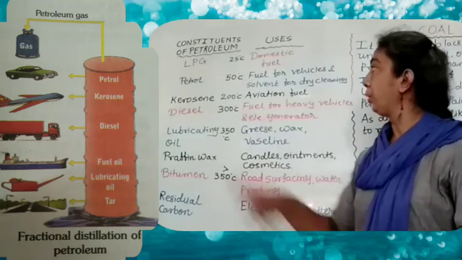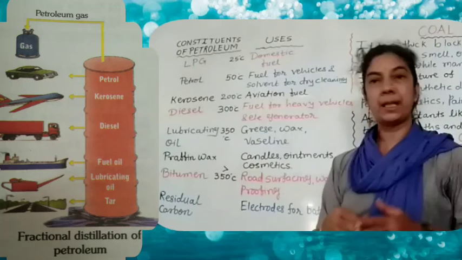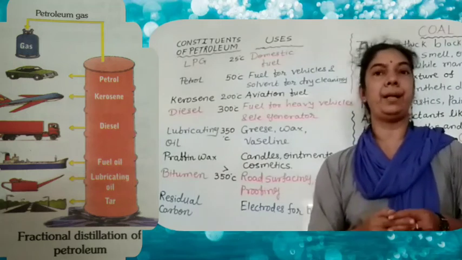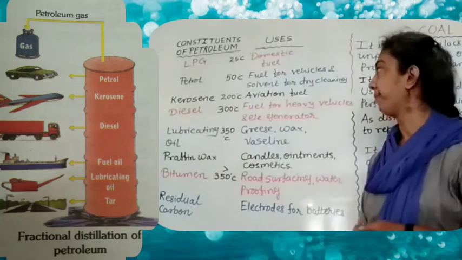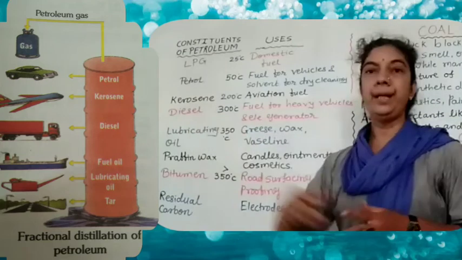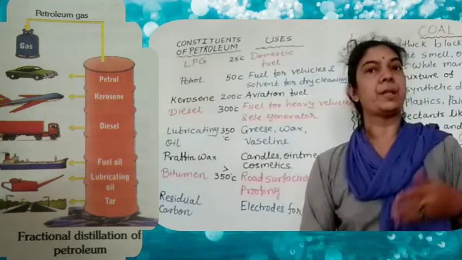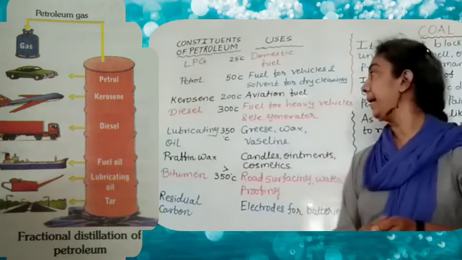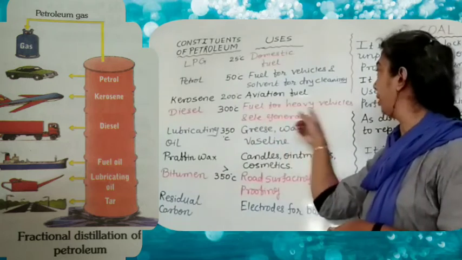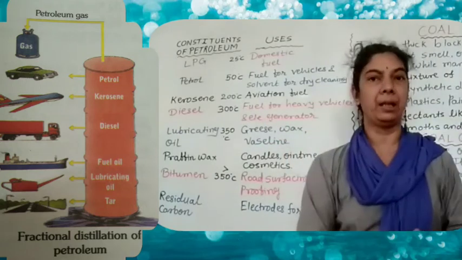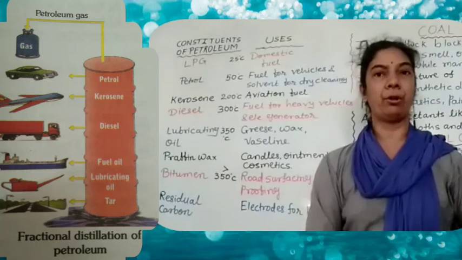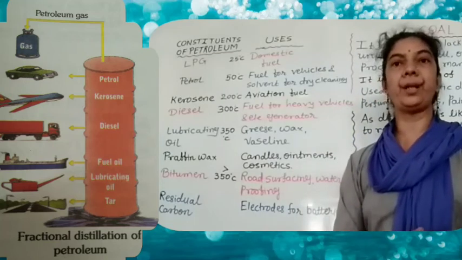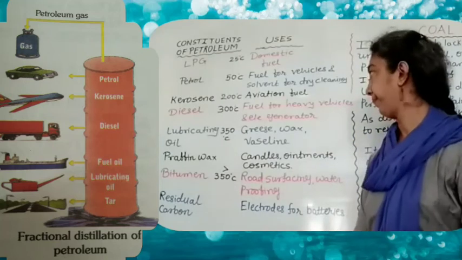After 200 degrees Celsius, at nearby 300 degrees Celsius temperature, we can obtain diesel, which is a little bit thick, and it is used as fuel for heavy vehicles, and it is also used in electric generators.